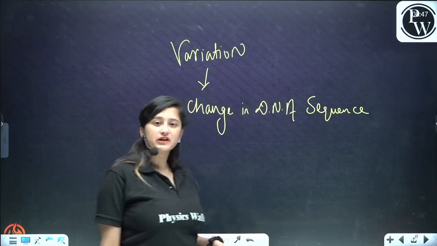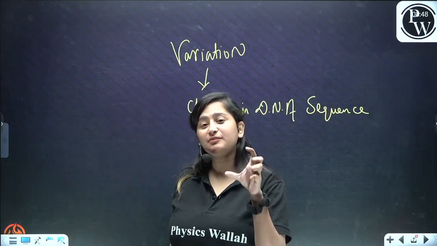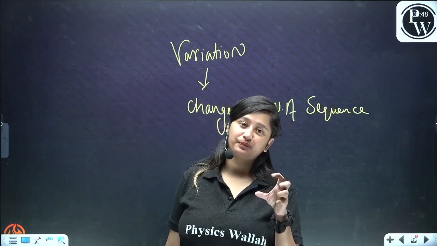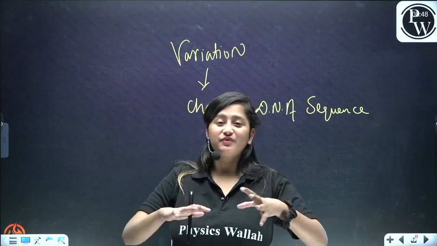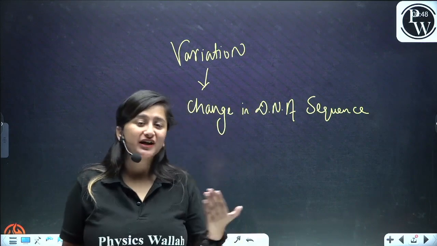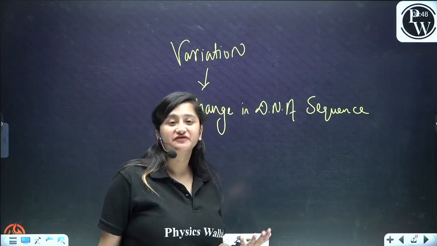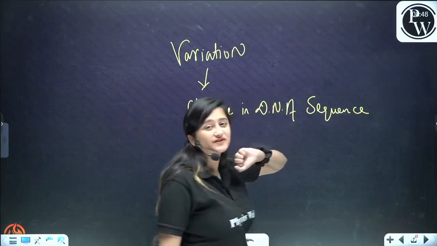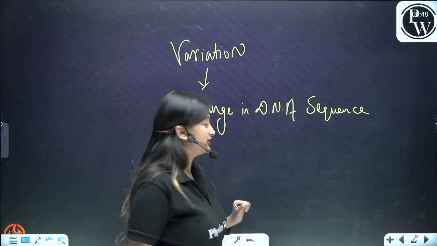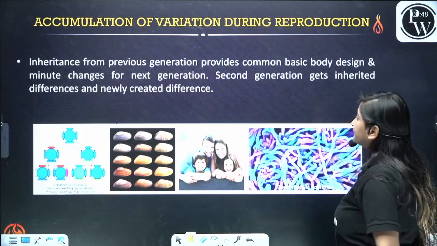Homo sapiens. Our 99% of DNA is the same. That 1% is what causes variation. That is why we are different from others. We look, right? Our features are different. So what is variation? Change in DNA sequence is known as variation.